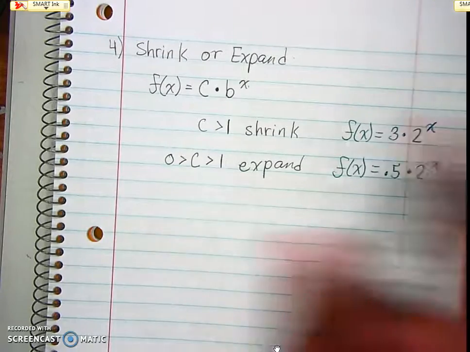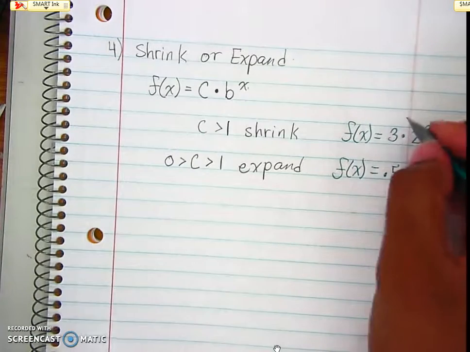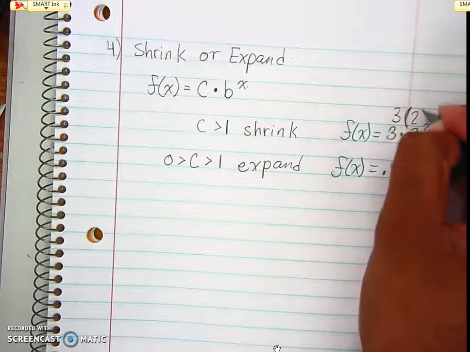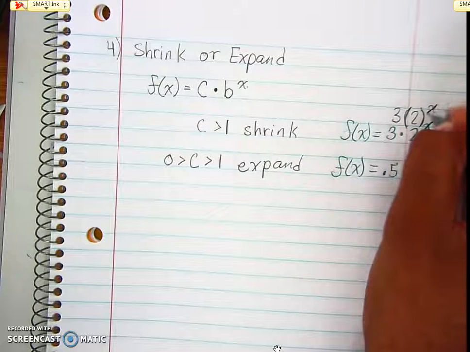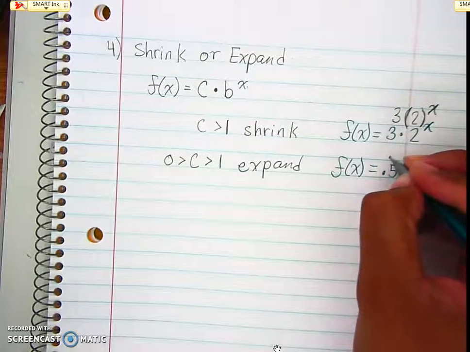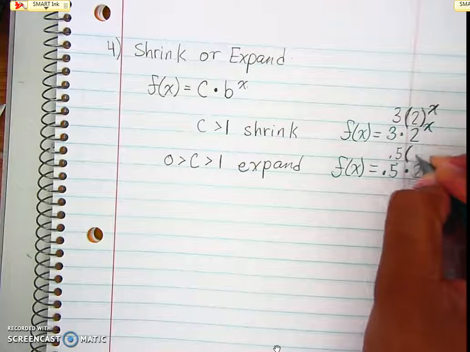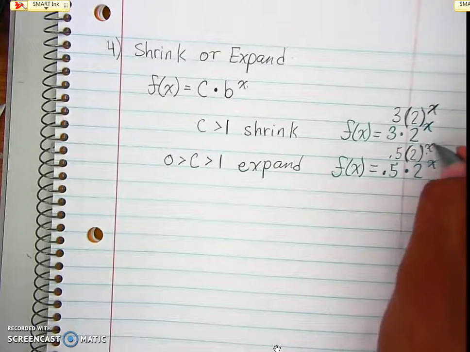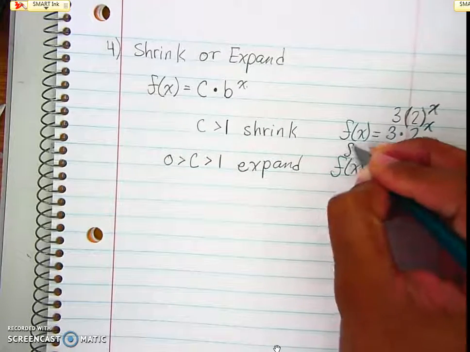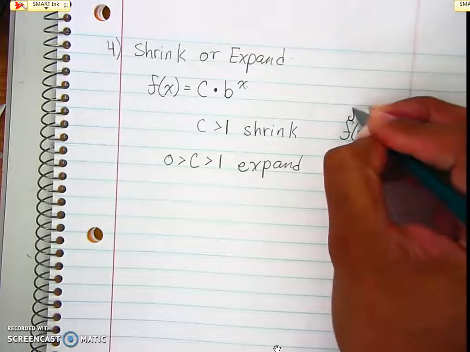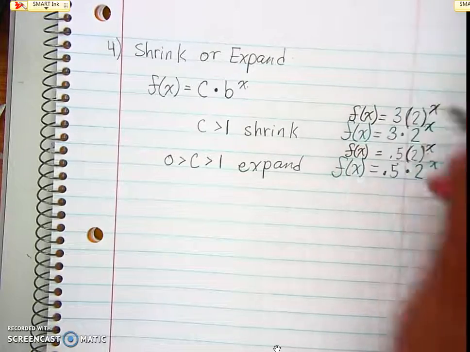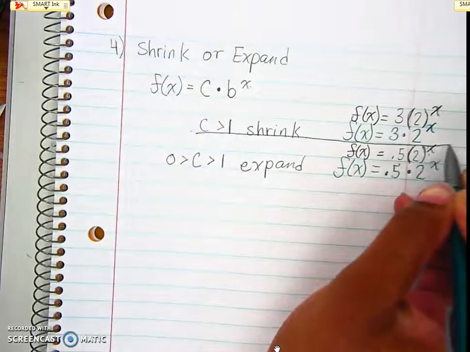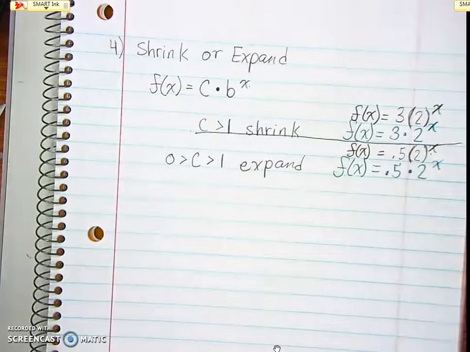And it could look like this too. So just to give you a heads up, it all depends on what book you're looking at or what internet source you're looking at. So it could look like either one of those. And again, the top part's for the shrinking, and the bottom is for the expanding.